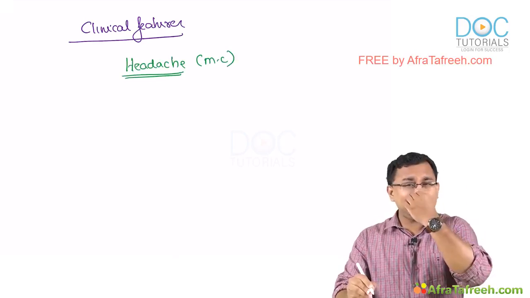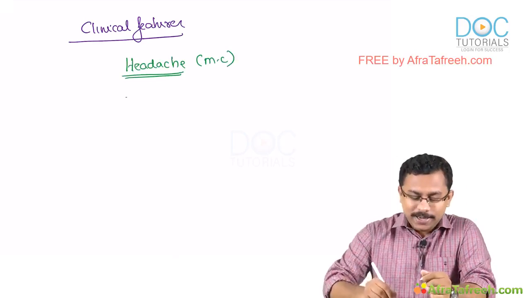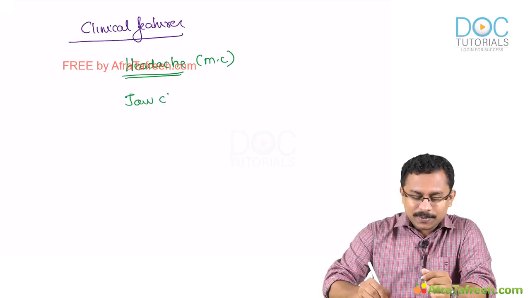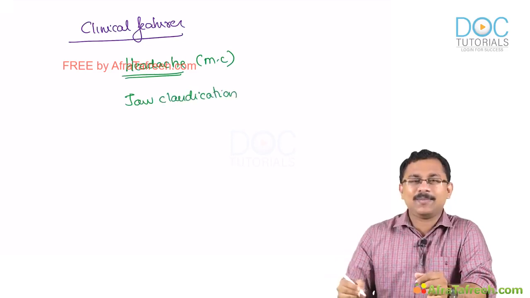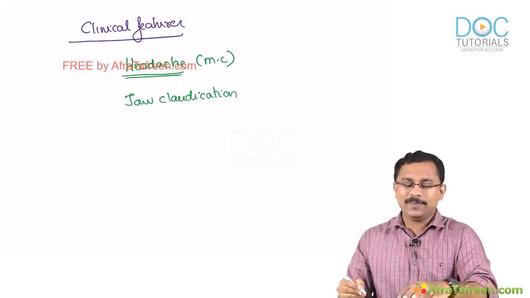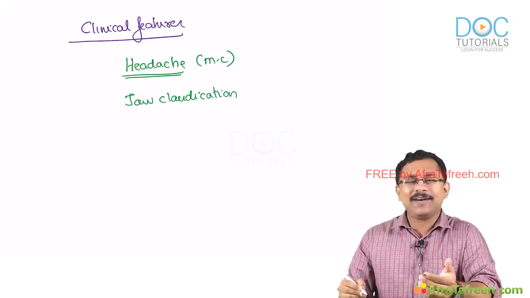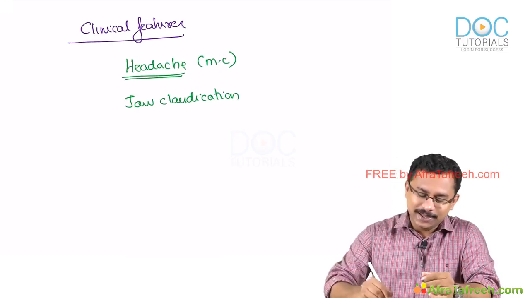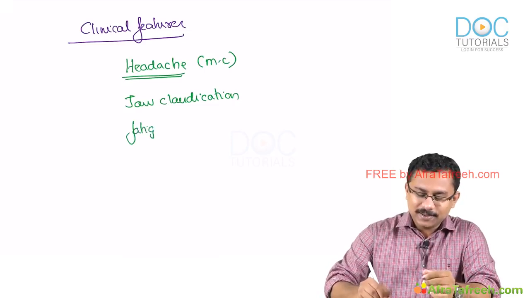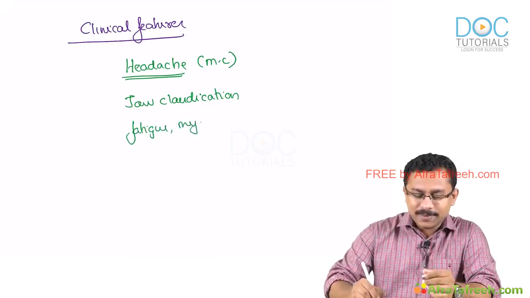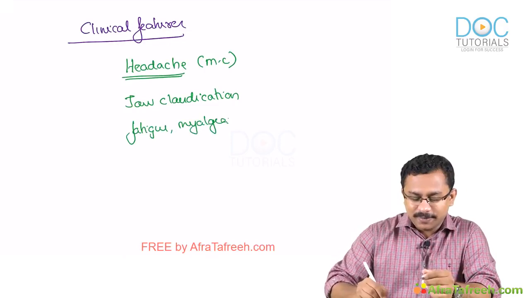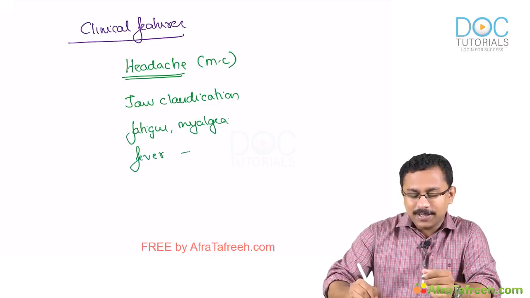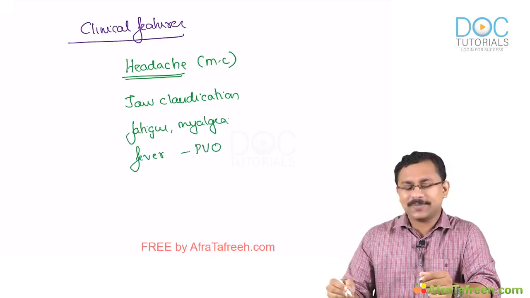Patients may also have other features, like jaw claudication. Patients may have systemic features also, like fatigue, myalgia. Some patients may have fever, and may even present with a pyrexia of unknown origin.